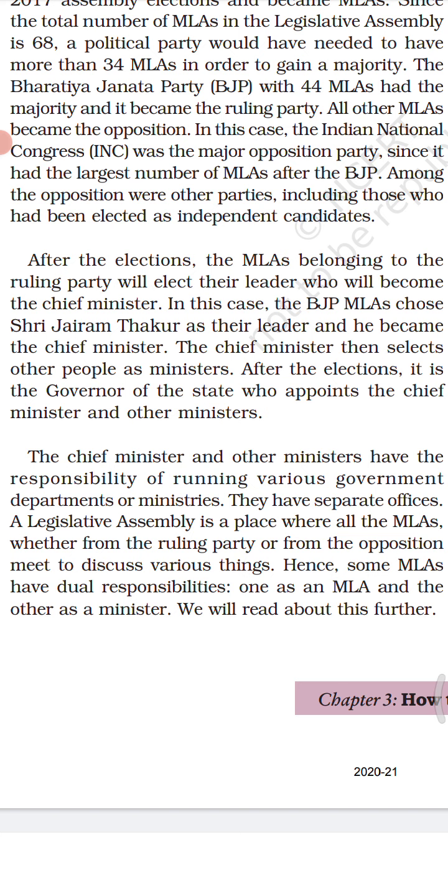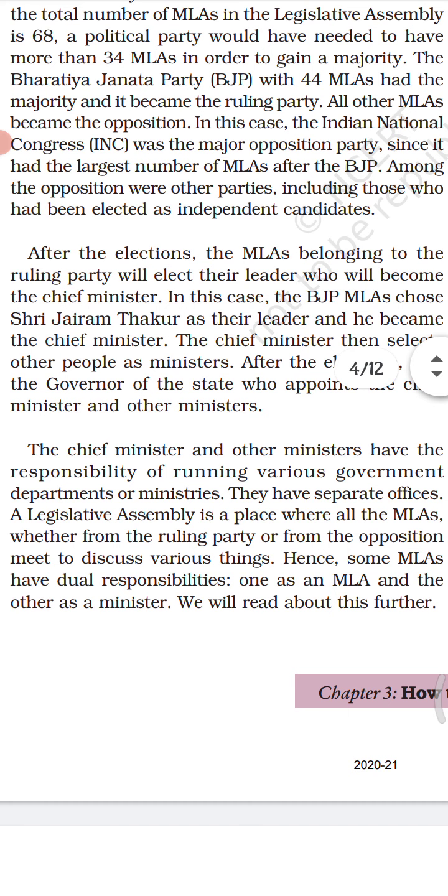They have separate offices. A legislative assembly is a place where all the MLAs, whether from the ruling party or from the opposition, meet to discuss various things.